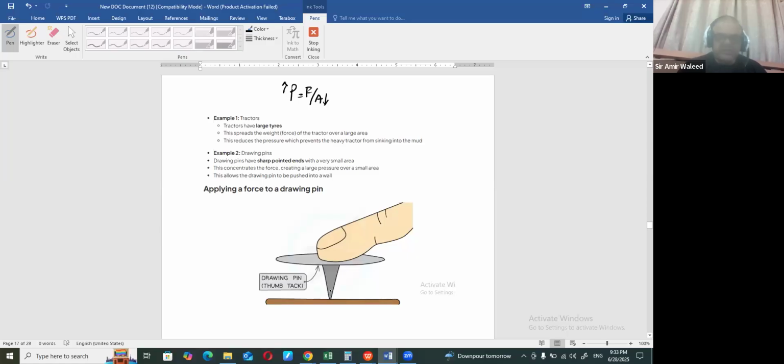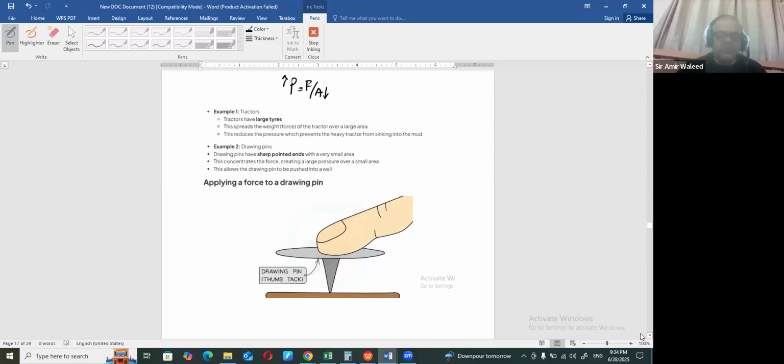If the area is smaller, you need to apply less force and the pressure will be larger on the surface. That concentrates the force and creates a large pressure over a small area. This allows the drawing pin to be pushed into the wall. So the smaller the area of contact, the bigger the pressure, and you need less force for a larger value of pressure.